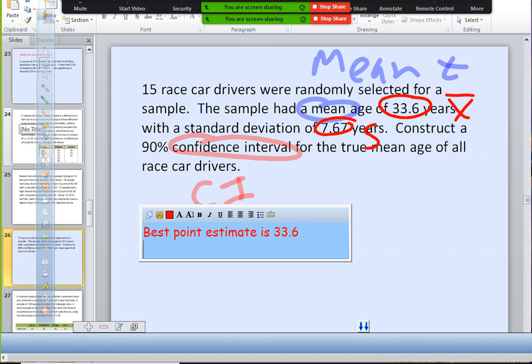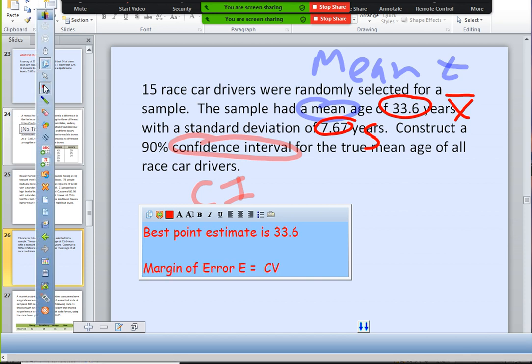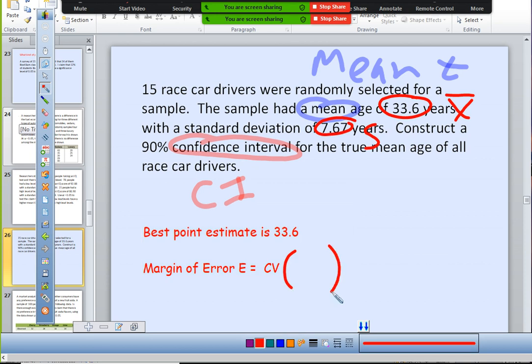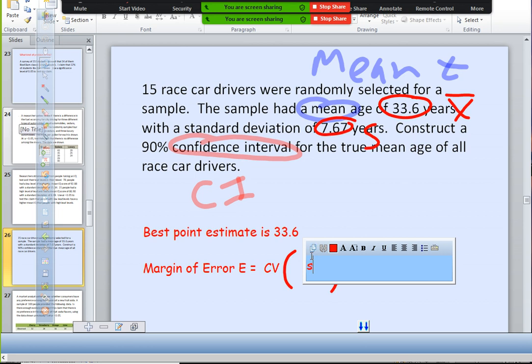And then I need to find my margin of error, E. So that's going to be my critical value times S over square root of N.